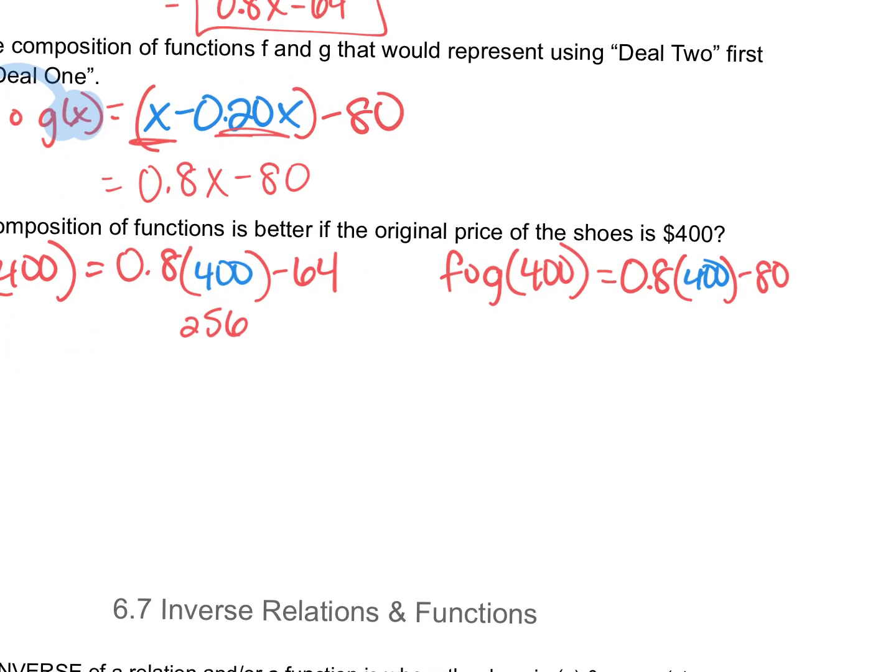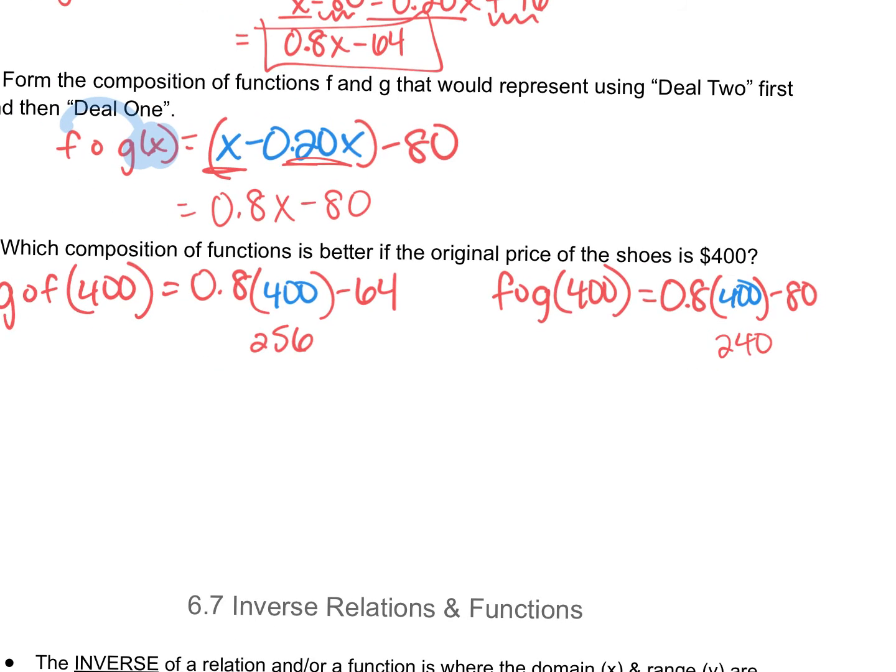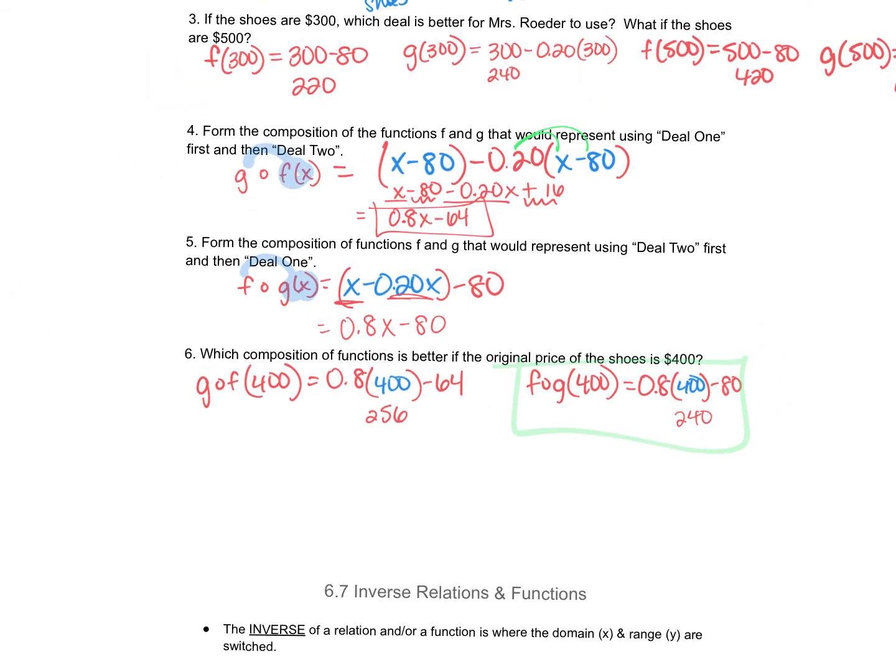Okay, let's put it in your calculator, and you get 240. And so obviously the second way is the better method because you pay less in the long run.